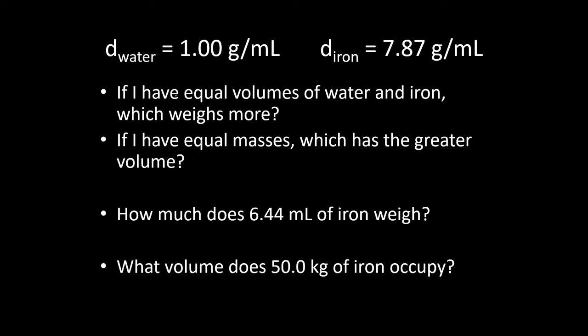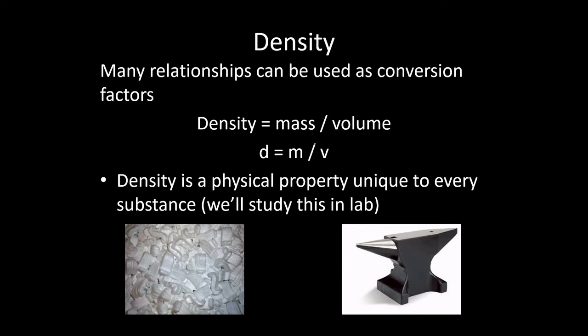All right, let's do a couple quick practice problems here. How much does 6.44 mL of iron weigh? So there's a few different ways we can solve questions like this. The most common way that I see people solving these, and I think it makes sense to do it this way, is to just treat this equation, well, like an equation essentially, just to treat it as the conversion factor itself.